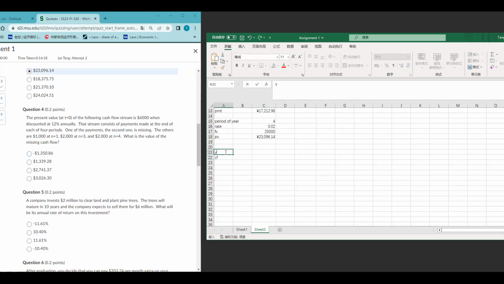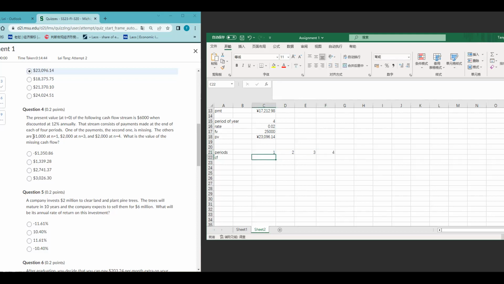This is the period. There are 4 periods: number 1, number 2, number 3, and number 4.